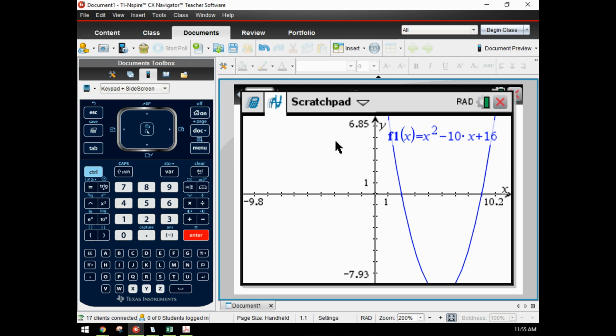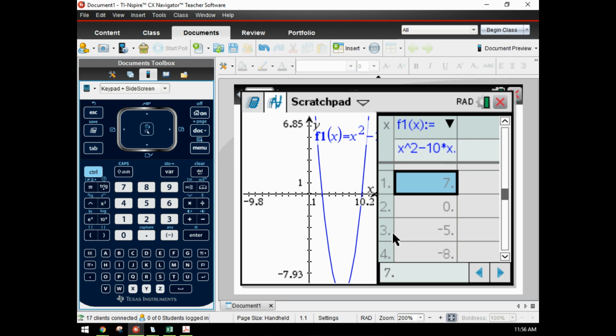How do I get the table to pop up so I can fill in my table? Control T. Okay, Control T. Okay. So now I have my table.